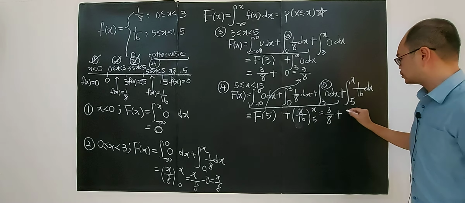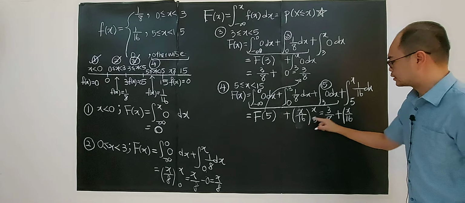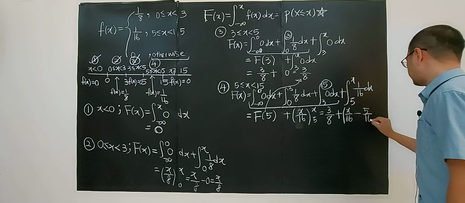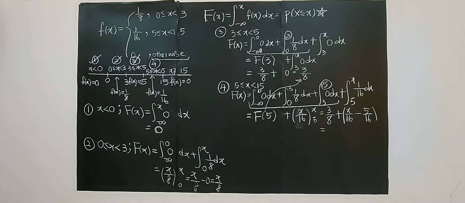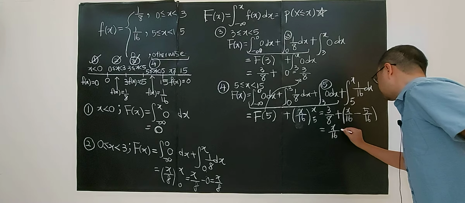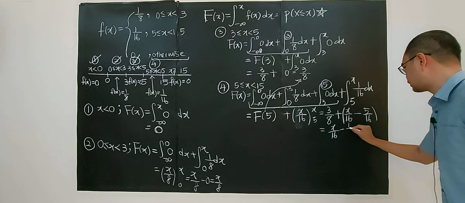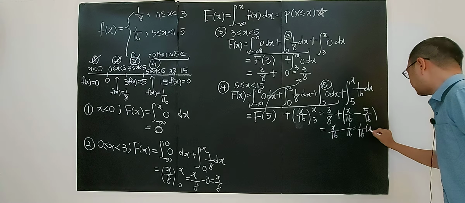So you're putting x, so you have x over 16 minus 5 over 16. So rearrange again. You take 3 over 8 minus 5 over 16. So I'm getting negative 1 over 16. Or I can just write 1 over 16 times (x minus 1).